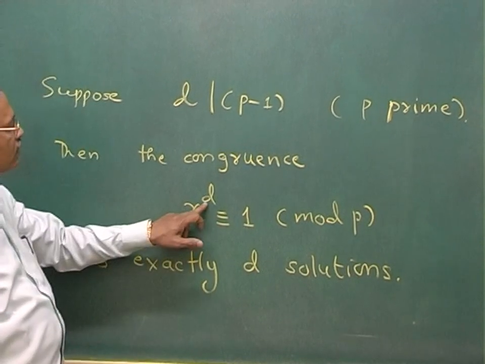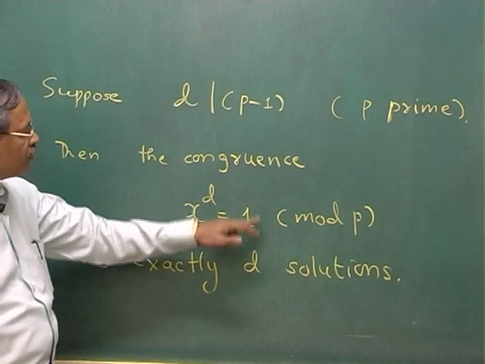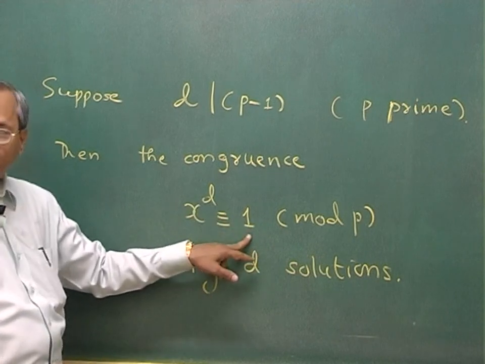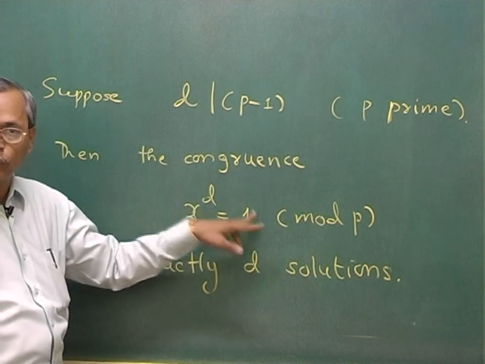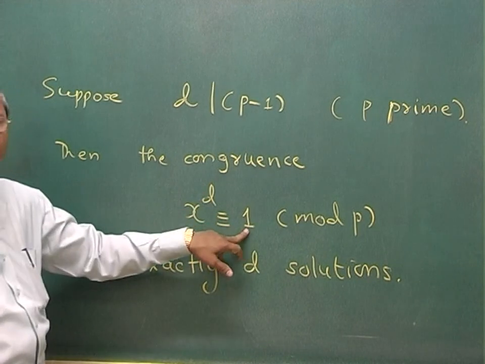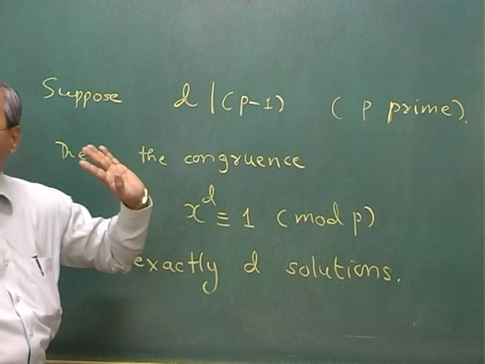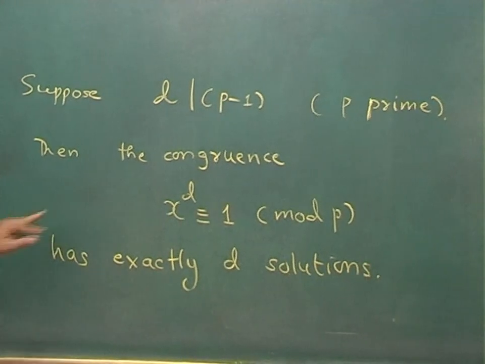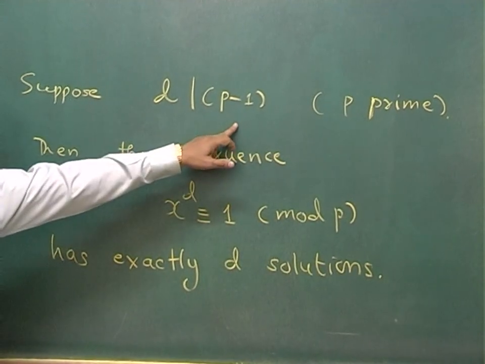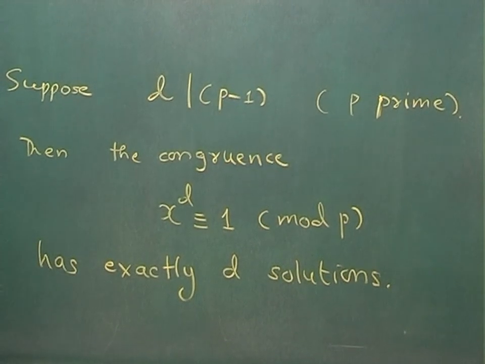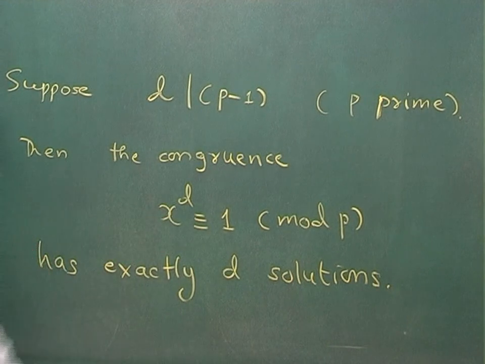In other words, a solution of this means a dth root of unity, x raised to d congruent to 1. Any solution of this will be a dth root of 1 mod p. So this says that if d divides p minus 1, then there are exactly d dth roots of unity modulo p.